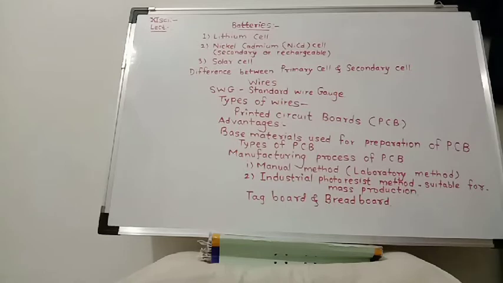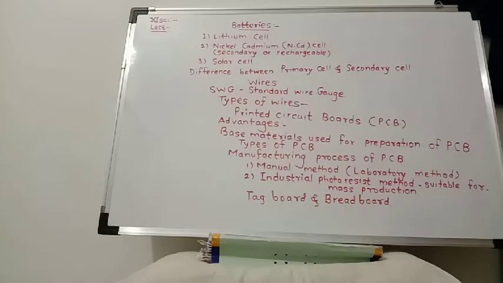Higher gauge numbers indicate thinner wires. The circular area doubles for each decrease of gauge number.